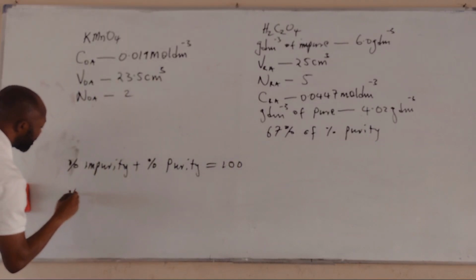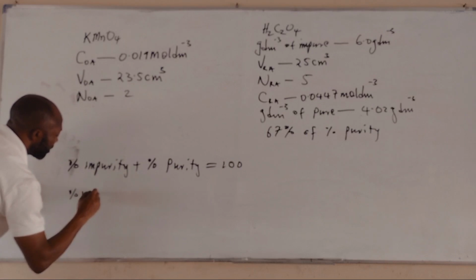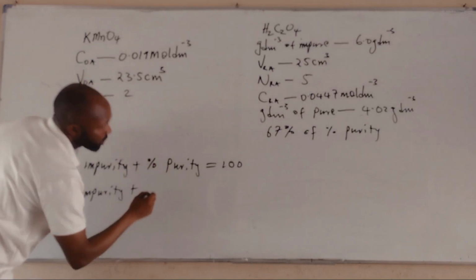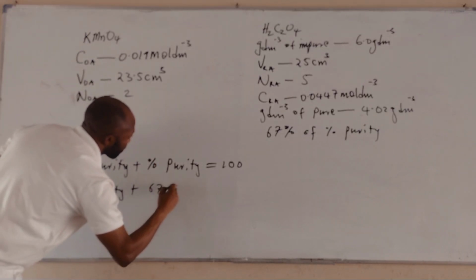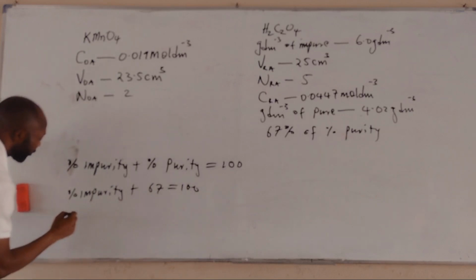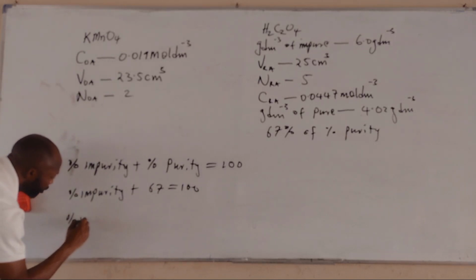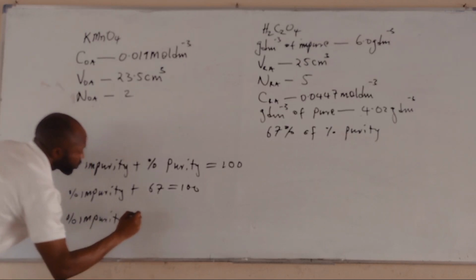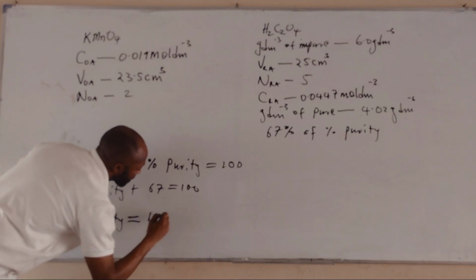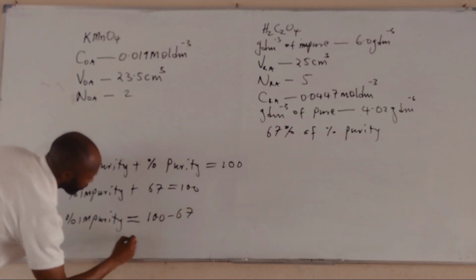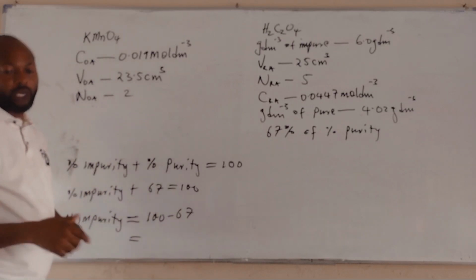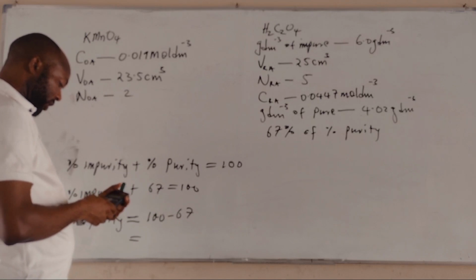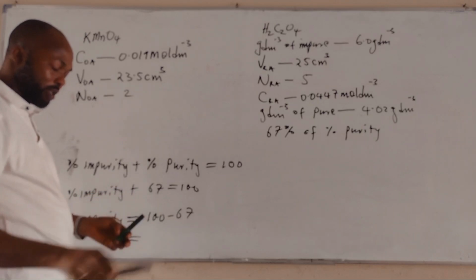Percentage impurity plus 67 is equal to 100. Therefore, percentage impurity is equal to 100 minus 67, which is 33.